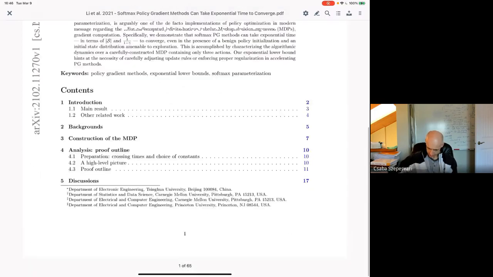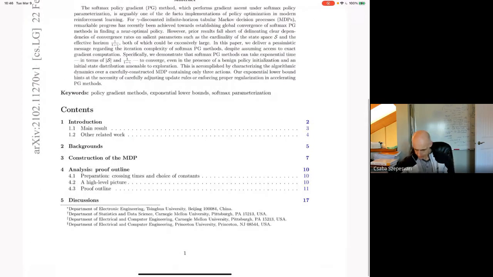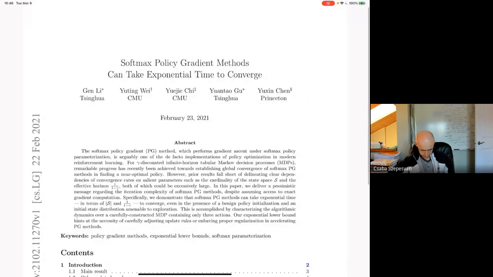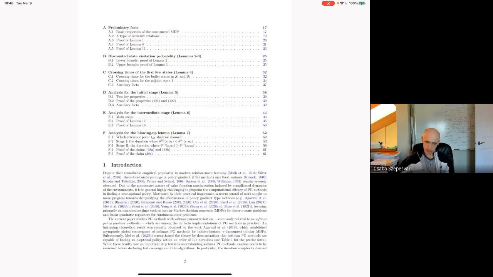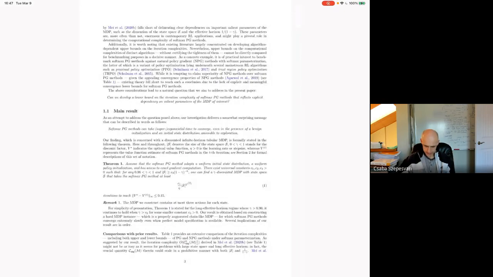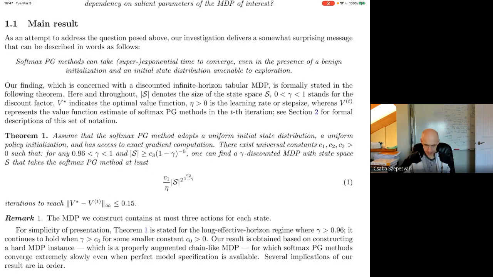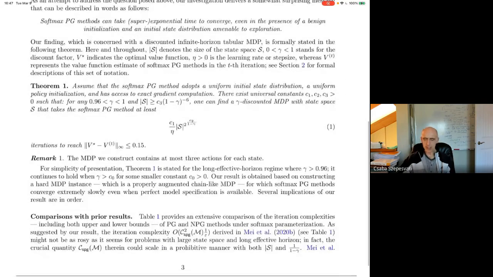Well, okay, I can't go to the next page. Oh yeah, there you go. It's a lengthy proof, but they have this result that I wanted to highlight that should again tame our expectations a little bit.